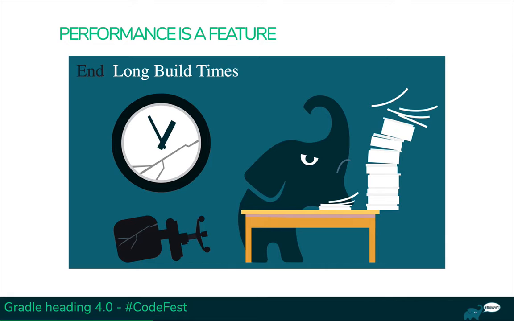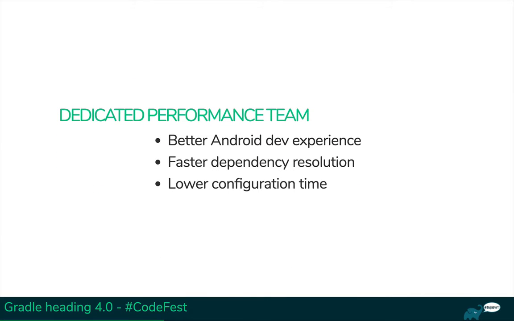If your build is taking a long time, usually you don't invoke it that often, so the usage pattern of your build is quite different. So we think build time is very important, and for that we invested in a dedicated performance team. By that I mean we have a couple of engineers, I think it's now around 6, who really focus on performance work.